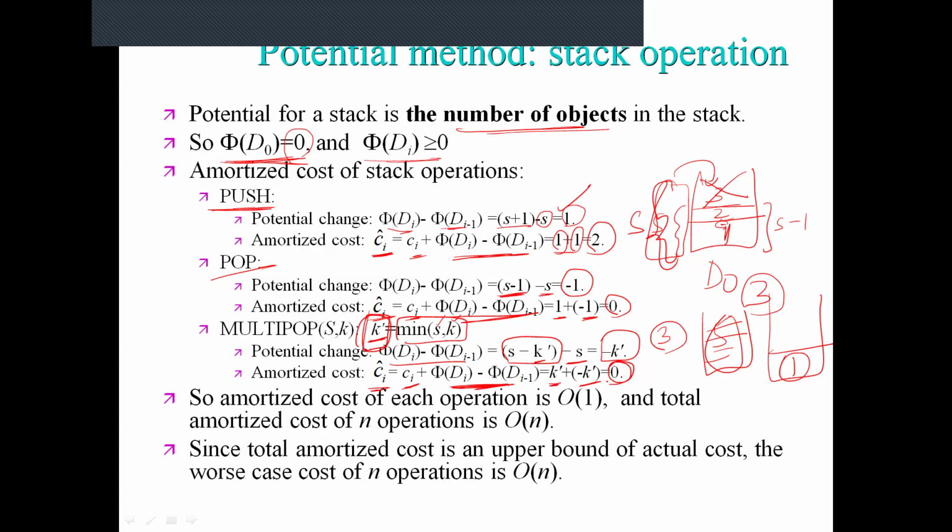So you can say the amortized cost of each operation is basically O of 1 and the total amortized cost of n operations will be O of n. So again, we can say that the total amortized cost C hat of i will be an upper bound of the actual cost. Okay, so this is the basic idea.